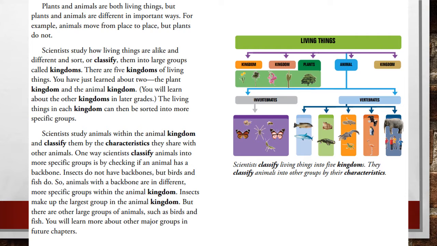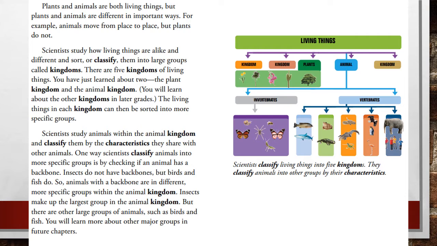You have just learned about 2, the plant kingdom and the animal kingdom. You will learn about the other kingdoms in later grades. The living things in each kingdom can be sorted into more specific groups. Scientists study animals within the animal kingdom and classify them by the characteristics they share with other animals.